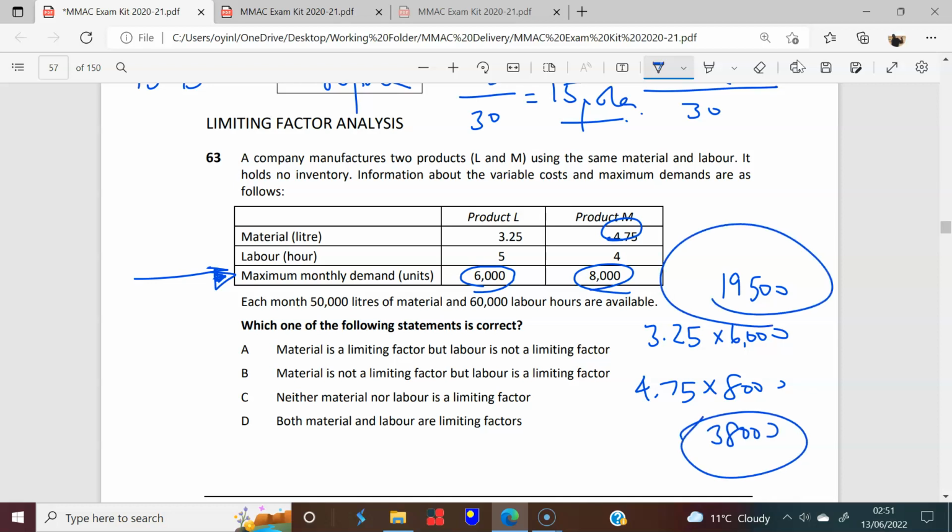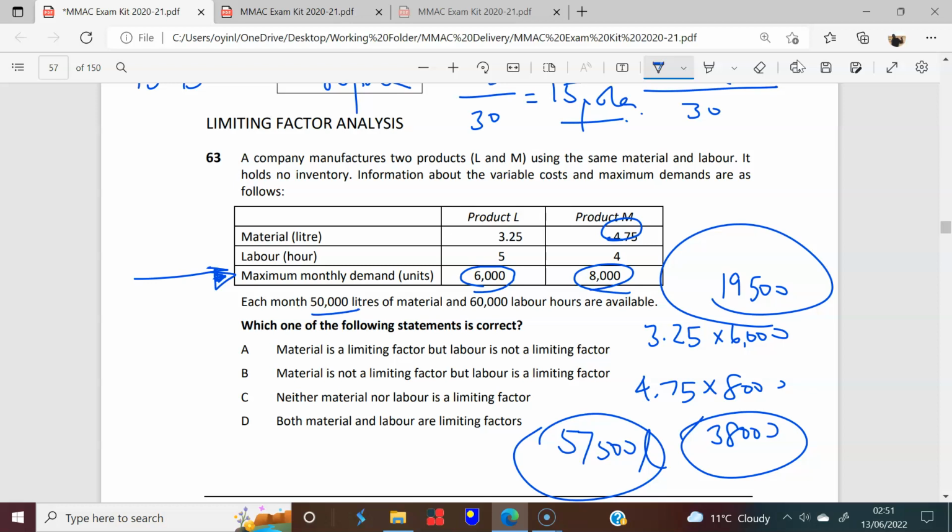When you add these two together, 38,000 plus 19,500, you have 57,500. So you have 57,500 liters is what you need. You only have 50,000. So material definitely is a limiting factor.